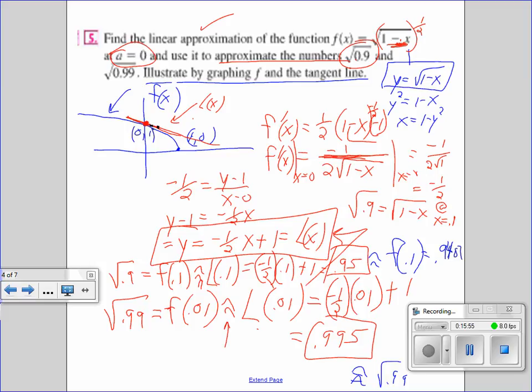This is equal to 0.9499499. So it's very close, and you can see as you get closer to the center point, which is 0, the approximation gets better and better. As you get farther away, the approximation gets worse.